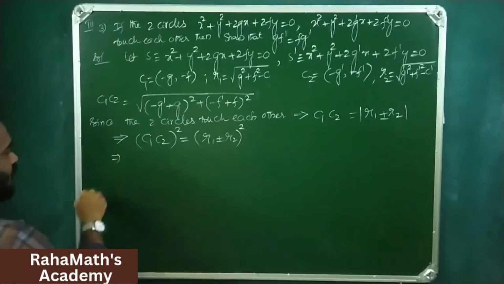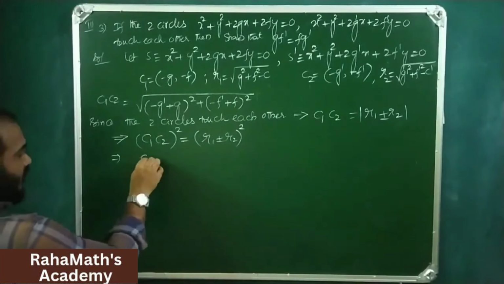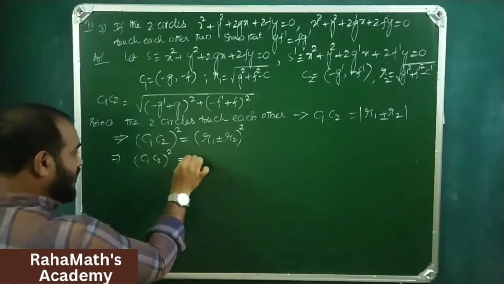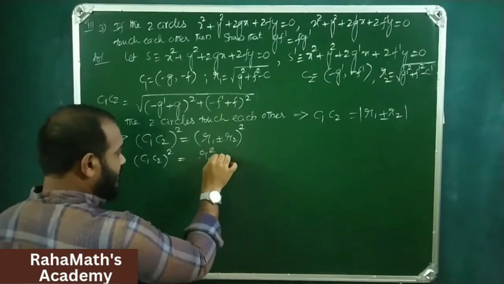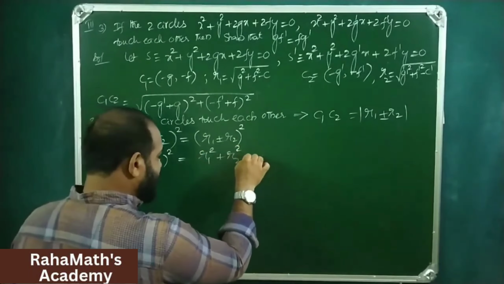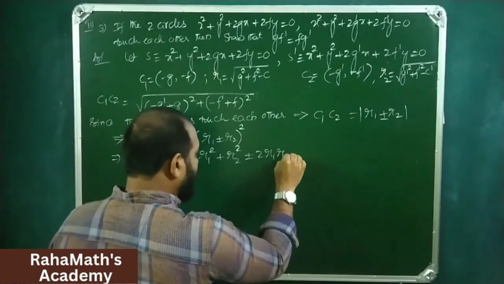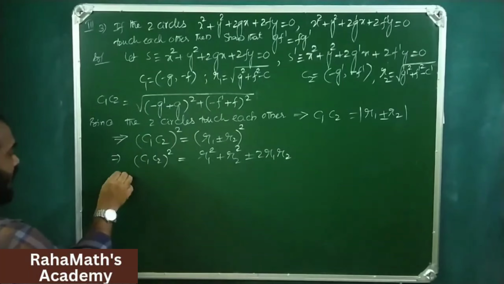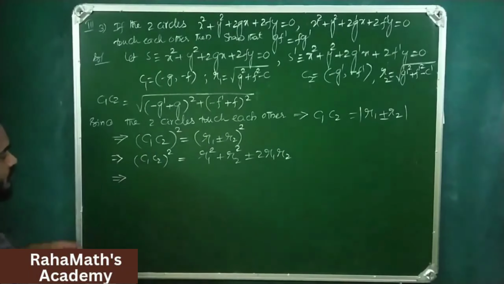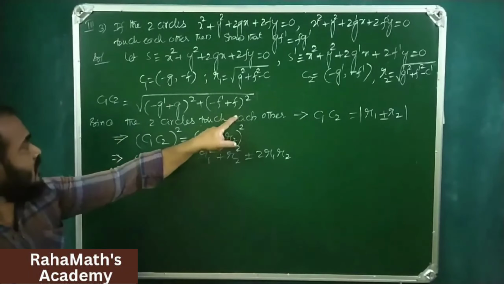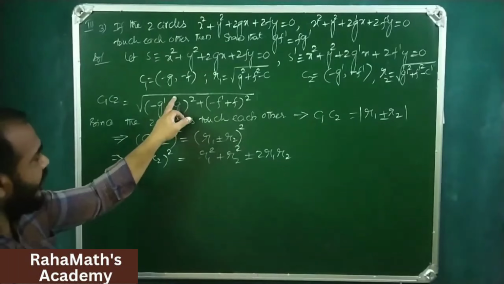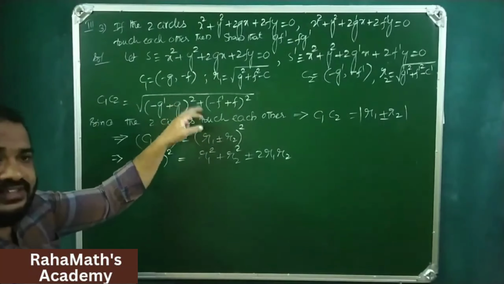This is equal to C1 C2 whole square is equal to R1 square plus R2 square plus or minus 2 R1 R2. And what is C1 C2? This C1 C2 whole square is a square, and the root gets eliminated.